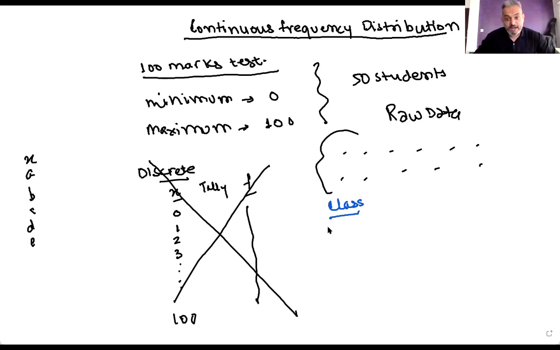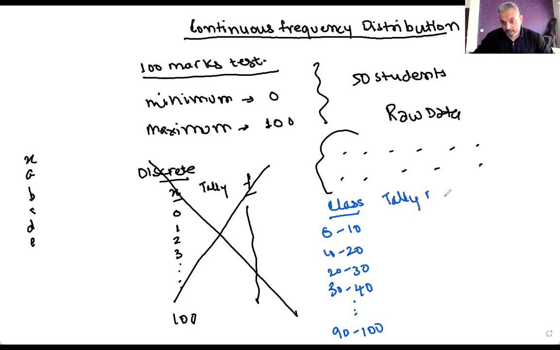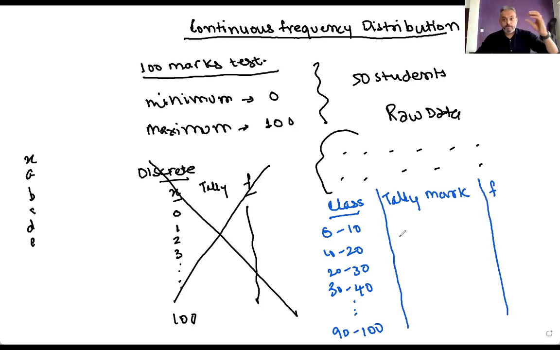So we take the class like say 0 to 10, 10 to 20, 20 to 30, 30 to 40. It goes up to 90 to 100. And then we take tally marks, and then we have frequency, and now we have data that 0 to 10 लाने वाले इतने students, 10 to 20 लाने वाले इतने student.